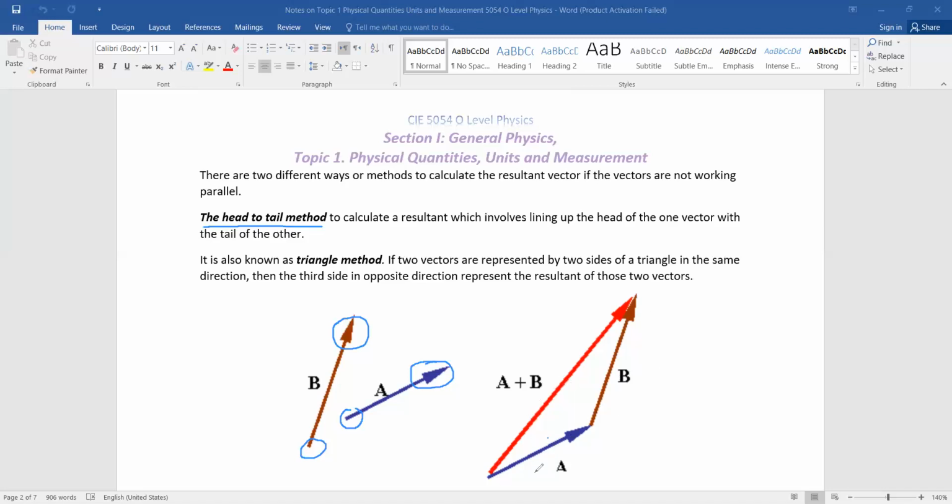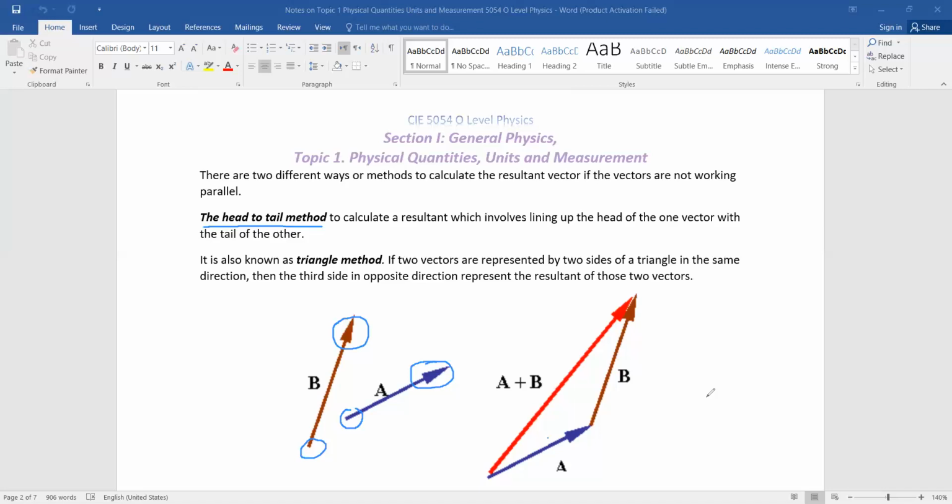So here we got another piece of information: the way the given vectors are working regarding the direction, the resultant will work in the opposite direction.